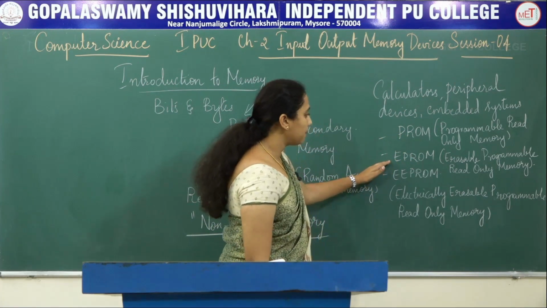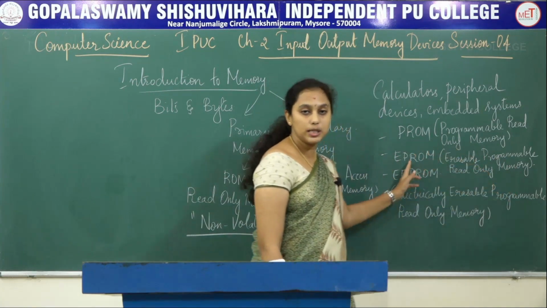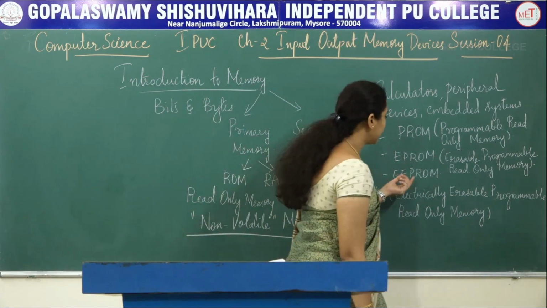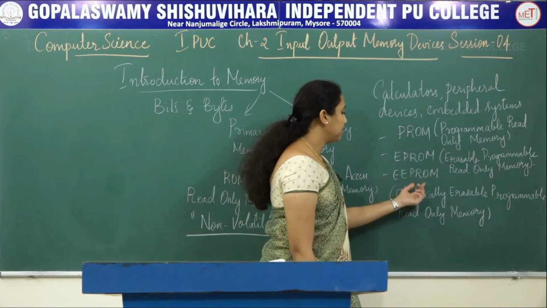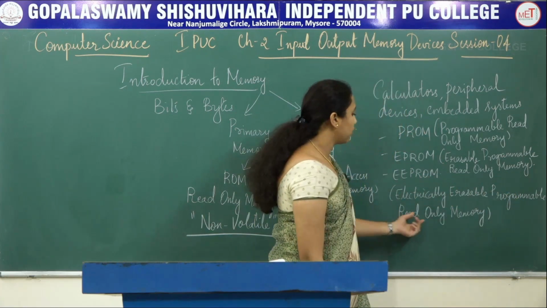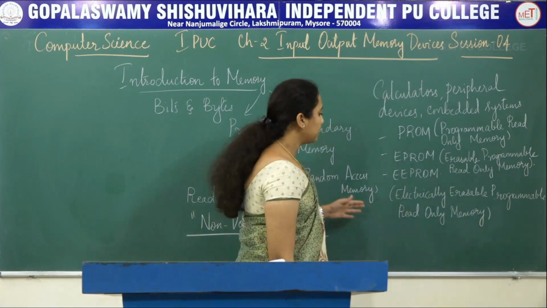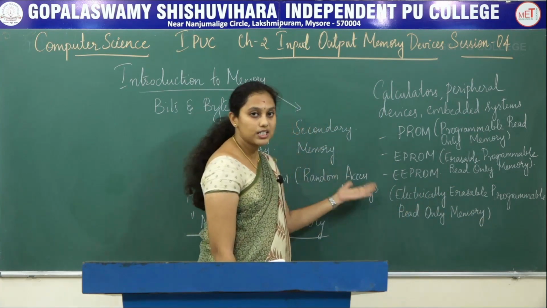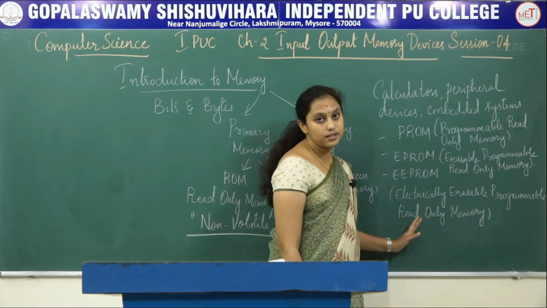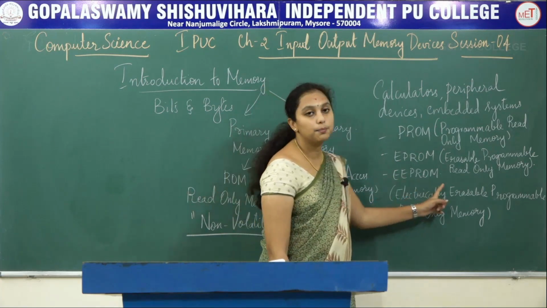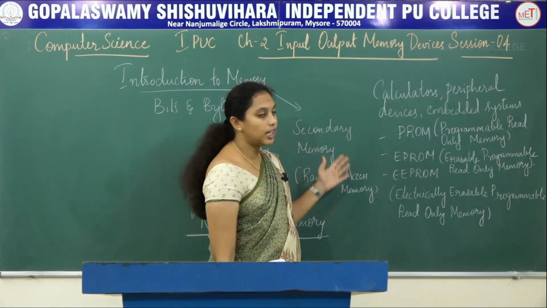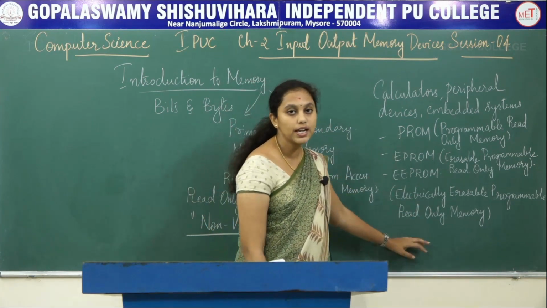With EPROM, we can erase the contents by exposing it to ultraviolet light. With EEPROM, instead of ultraviolet light, we expose it to an electrical charge to erase the contents. It is not as fast as ROM or other types of ROM. It is a non-volatile memory.